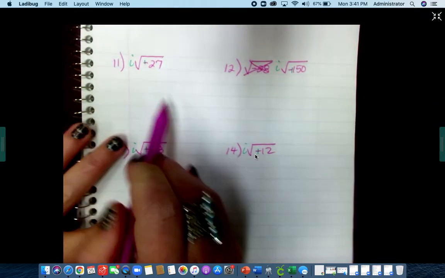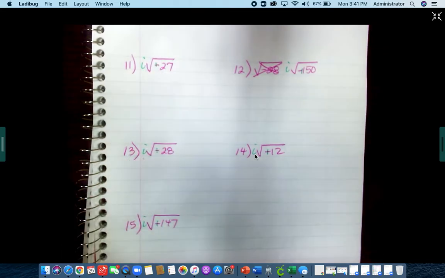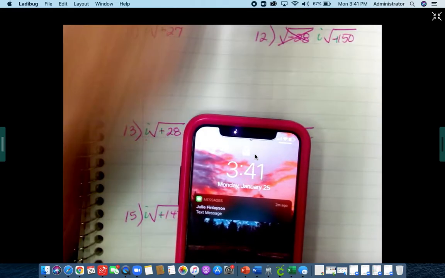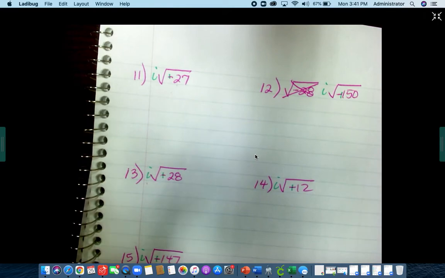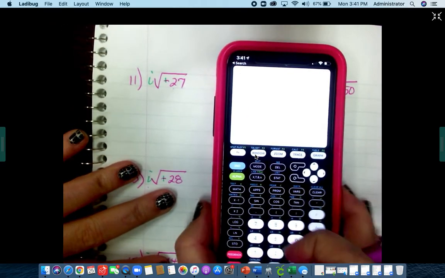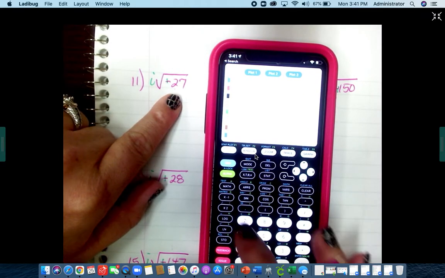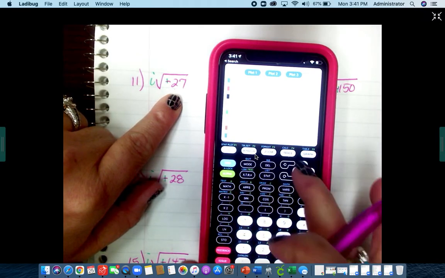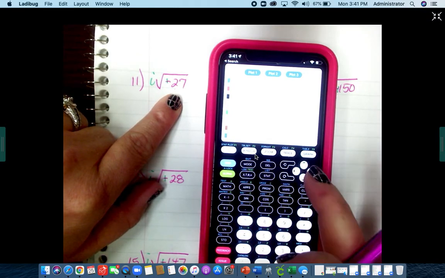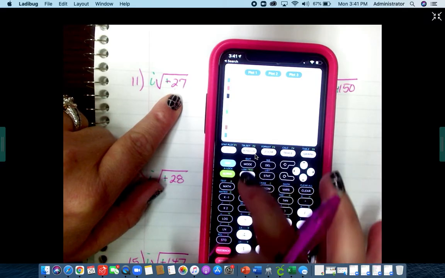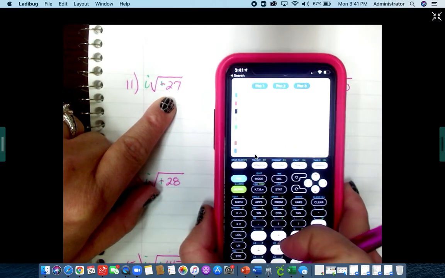Okay? Now, all I got to do is simplify square root of 27, which I'm going to do quickly in my calculator app. So if I go to y equals and I type in 27 divided by x squared, I explained how to do that in the last video.